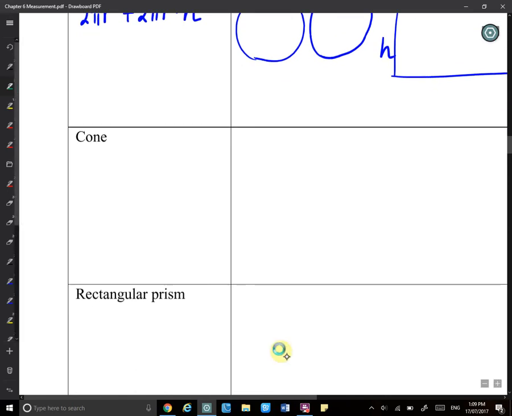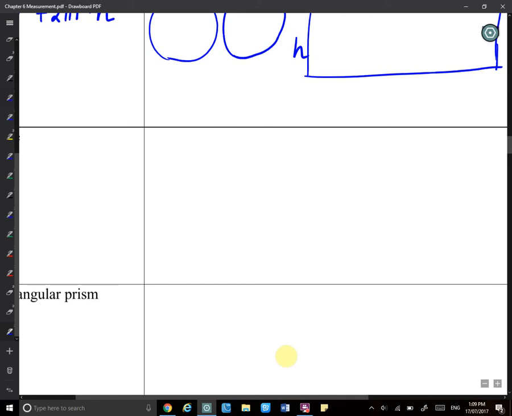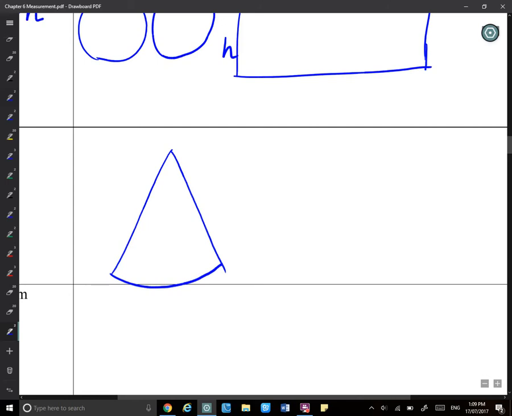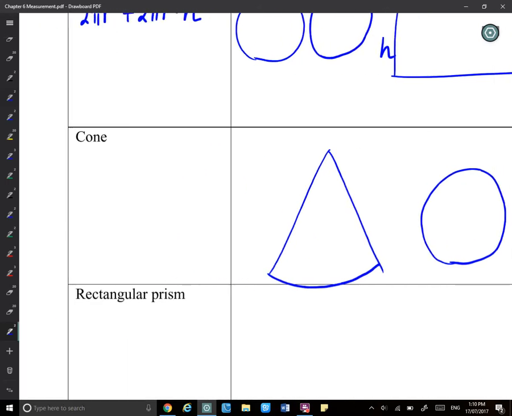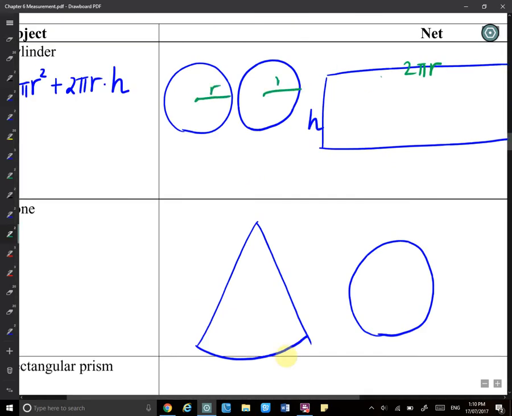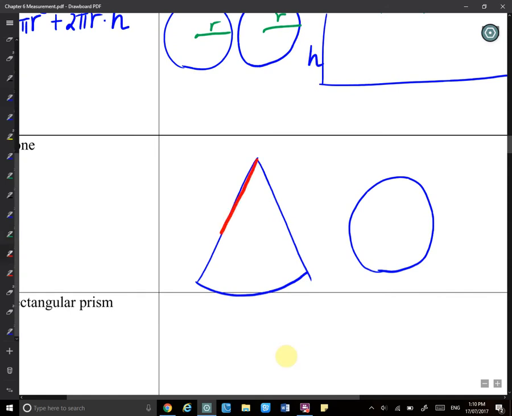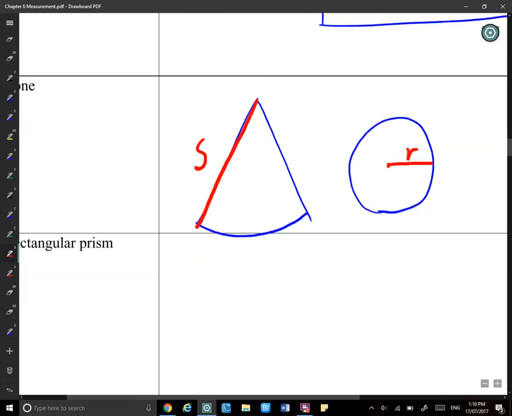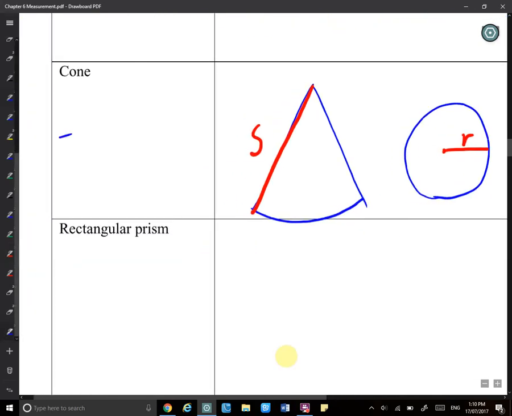So for a cone, we know it's a sector and a circle. Here this is R, and this is S, the slant height S. We know the radius is R. The surface area will be pi r squared, which is the circle, plus pi r s, which is the sector.